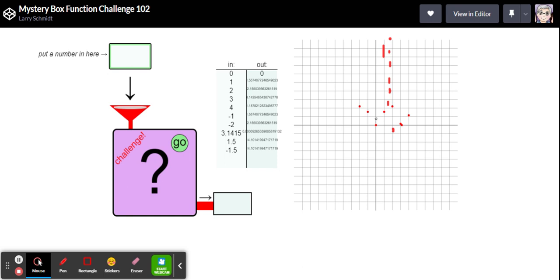So this shape right here that I'm thinking, from the origin here, it would be curving up like that. It almost looks like the tangent function, or maybe one of the others, like a secant or cosecant.